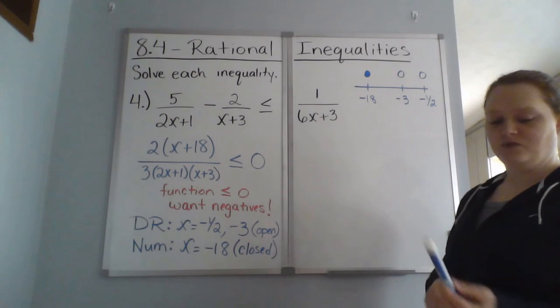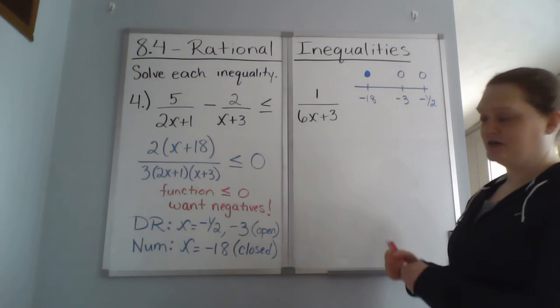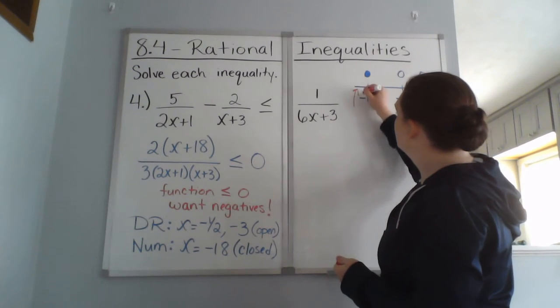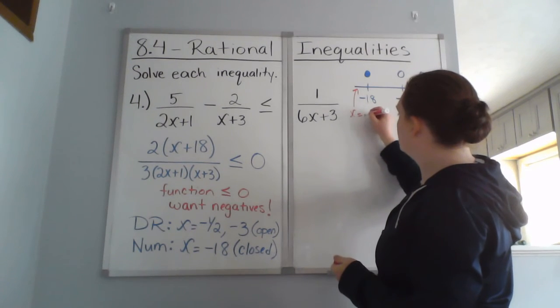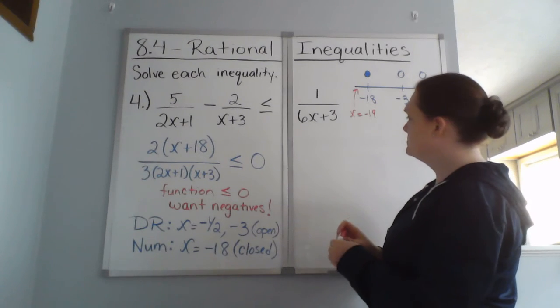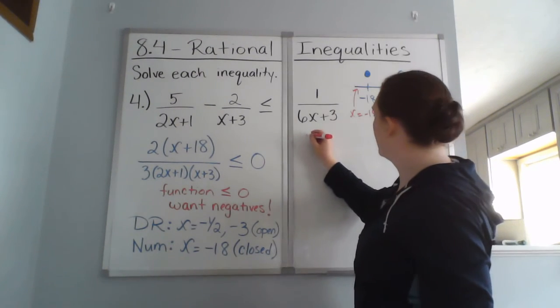All right, here we go. Let's see if we pick similar numbers or not. Something bigger than negative 18. I'm going to do x equals negative 19. Again, I'm going to plug it into the factored form so I can think about signs instead of actual numbers.